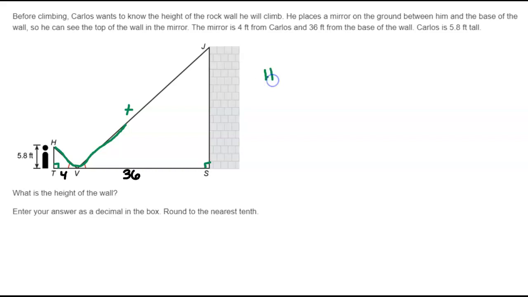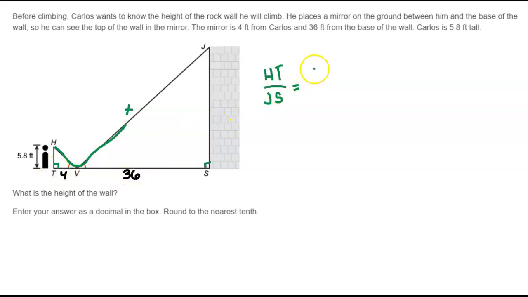meaning that we can say HT divided by JS. And I hope I said that right in the video. Then we can say, oh, well, these two sides are corresponding as well.